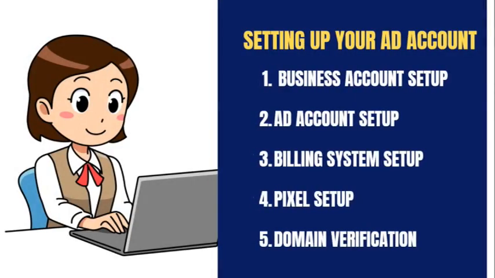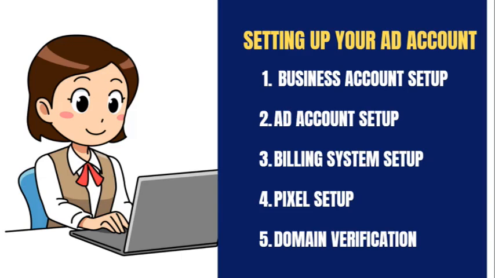We were able to set up our business ad account in the first video. After setting up the business ad account, we set up our ad account itself. Then we set up a billing system. That is how we pay Facebook to use their platform to run our ads.